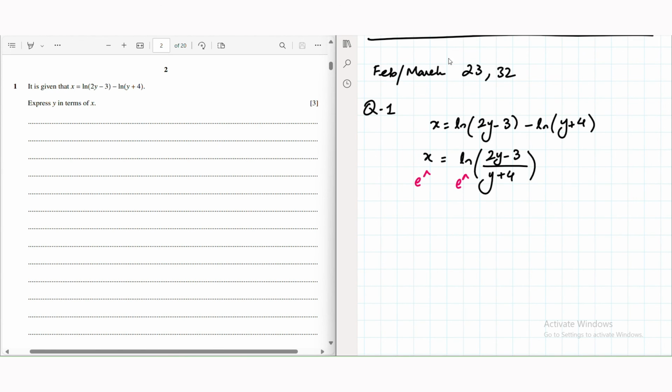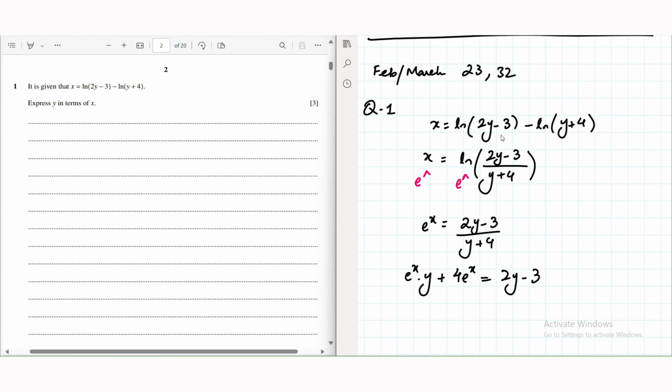We would be left with e raised to power x equals (2y minus 3) over (y plus 4). We multiply by y plus 4 on the left side, so we have e raised to power x times (y plus 4) equals 2y minus 3.